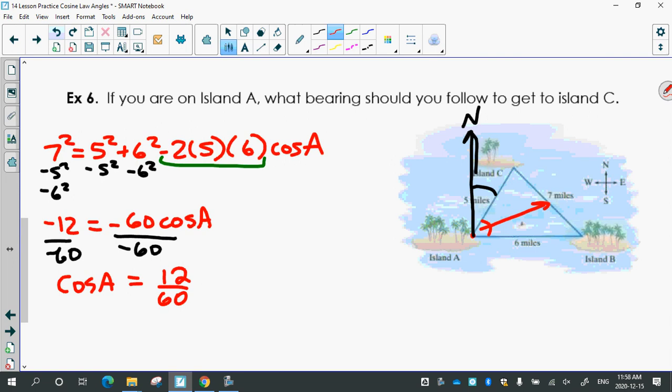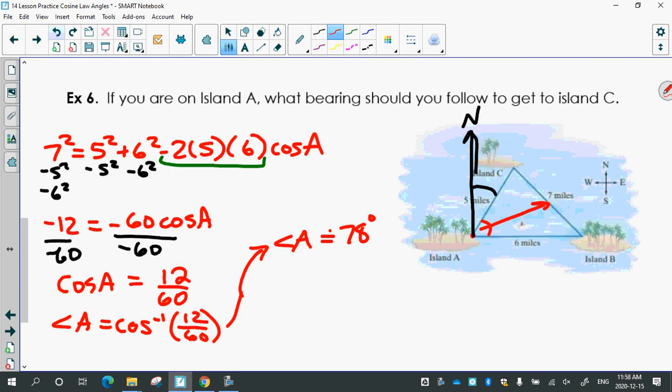These 2 negatives make a positive. Angle A is the cos inverse of 12 over 60, which I want to put in my calculator. Ooh, it's 78 degrees to the nearest degree.